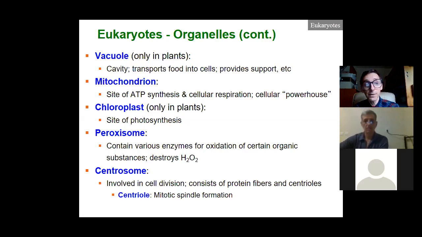Okay, a mitochondrion is the site of ATP production in a eukaryotic cell. This is where cellular respiration occurs, and you could call them the cellular powerhouse because cells need ATP to get work done, and the mitochondria is where ATP is produced in eukaryotic cells.